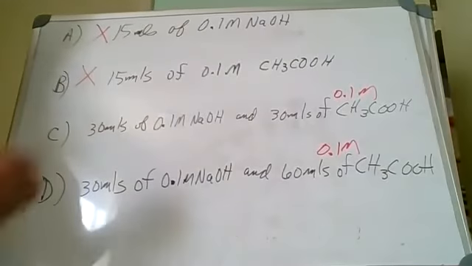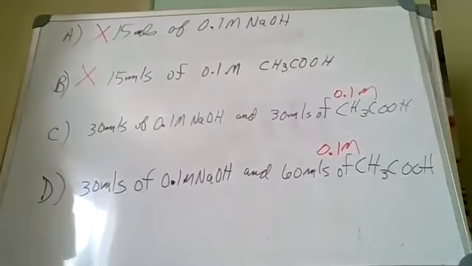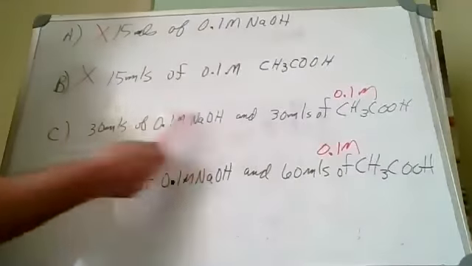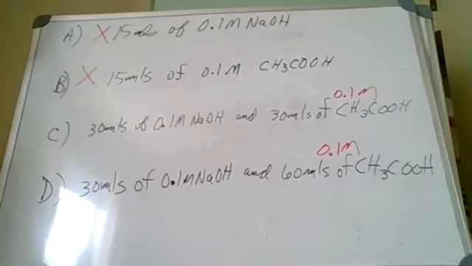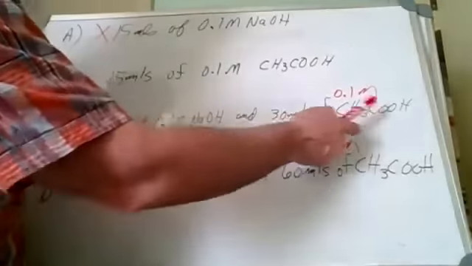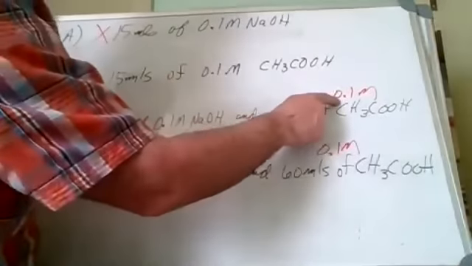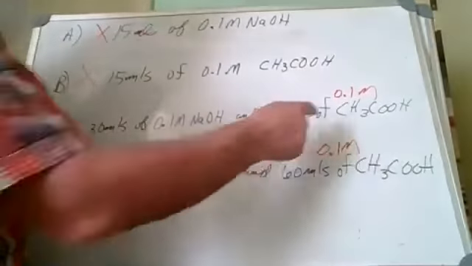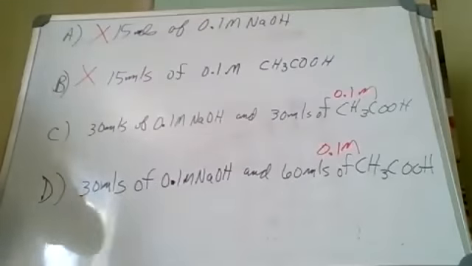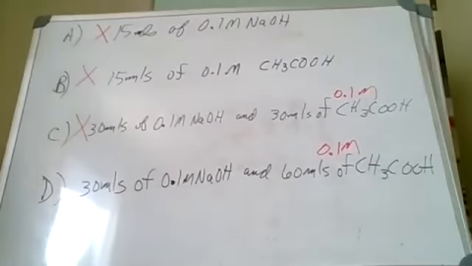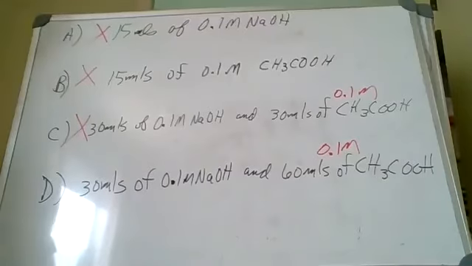So after we mix these two, 30 milliliters and 30 milliliters, we'll have 60 milliliters total. And the concentration of acetate anion will be half of this. So we'll have 60 mils of 0.05 molar acetate anion. So this will not work. Now, let's take a look at this one.